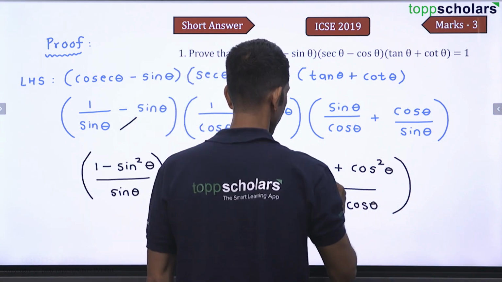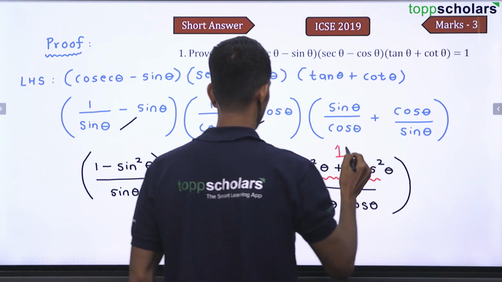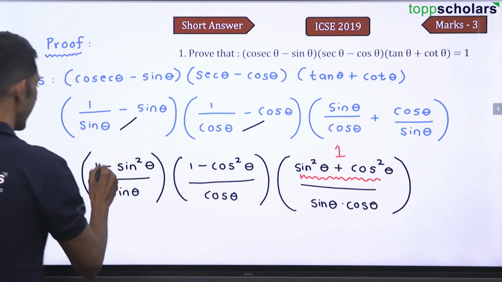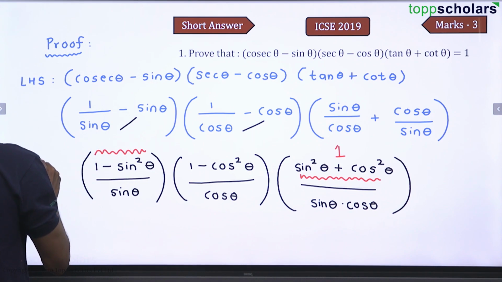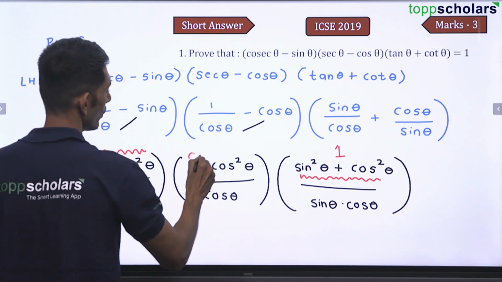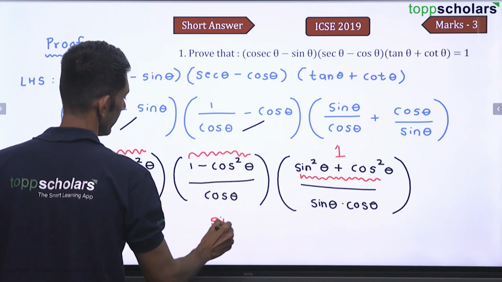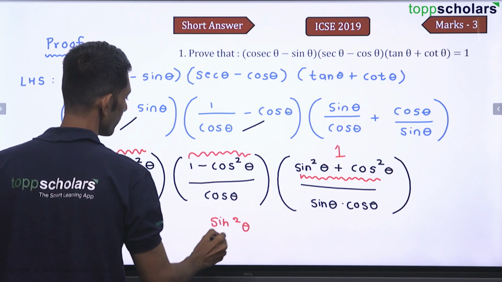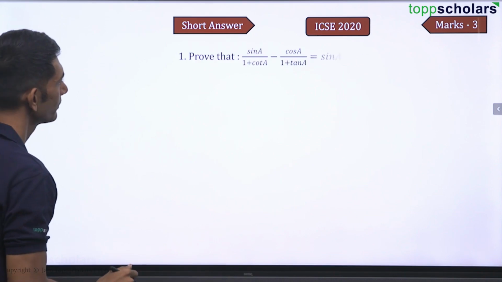Now can I say this part is 1? So if I solve this further, can I say 1 minus sin square theta is cos square theta, and can I say 1 minus cos square theta is sin square theta. So let us put all these results together. So cos square theta by sin theta.